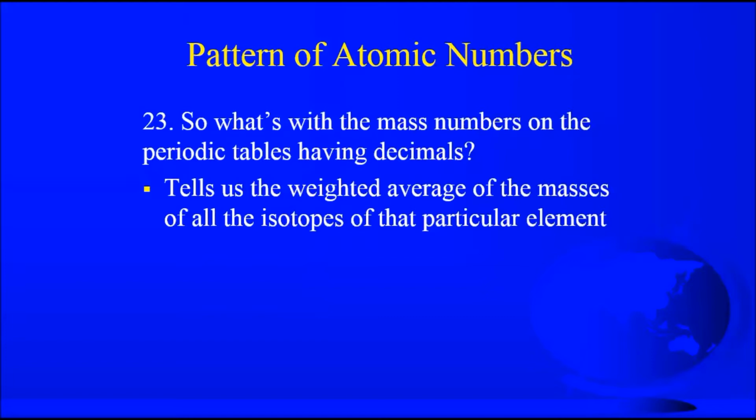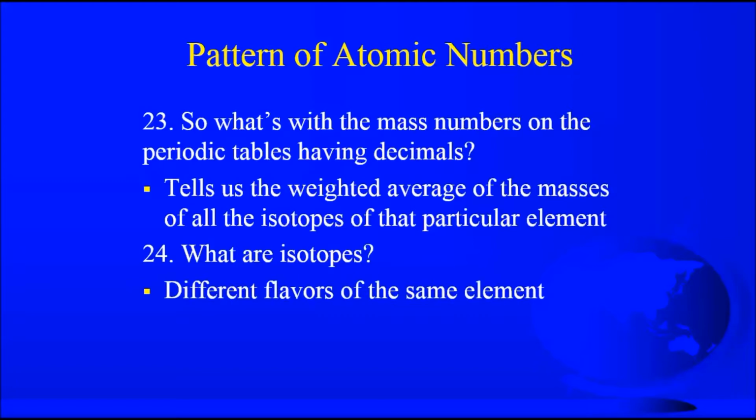But for now, those numbers that are below the symbols are not true mass numbers. They are the average of all the mass numbers of all the different siblings of any particular element. What do we call the siblings?